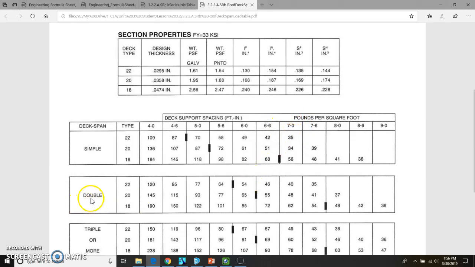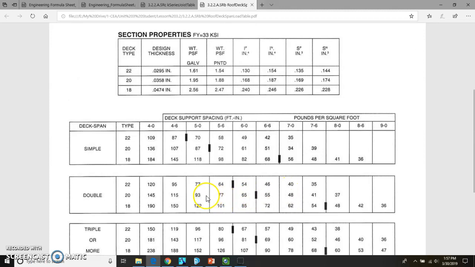We see the word double here, so that's for a double span. I'm going to go to where these two columns intersect, and I'm going to keep in mind that our total roof design load, which we just calculated, was 47. So I want a number that's greater than 47, and I want the lowest one. 40 is less than 47, 48 is greater than 47, so that's the one I'm going to use right there.